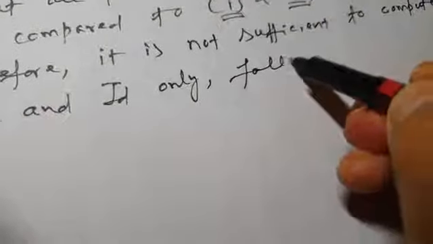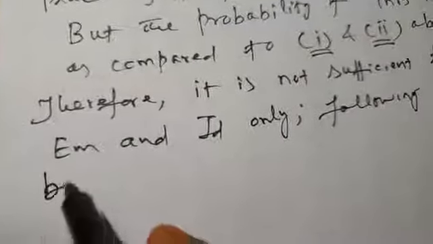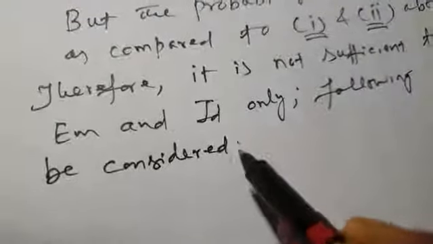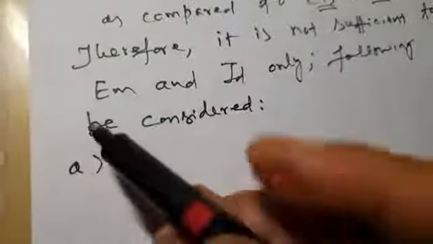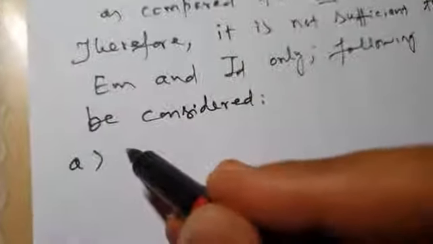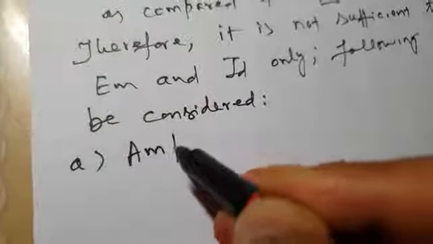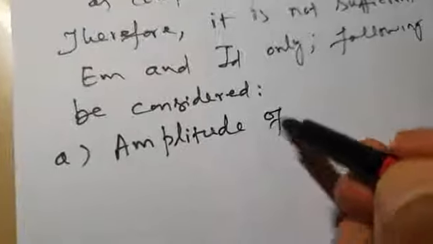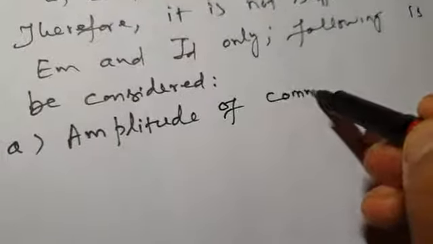The following is to be considered. I mean, if you consider the following factors, then the chances of commutation failure are very, very low. Number one, amplitude of commutation voltage. Your controller should know the amplitude of commutation voltage.